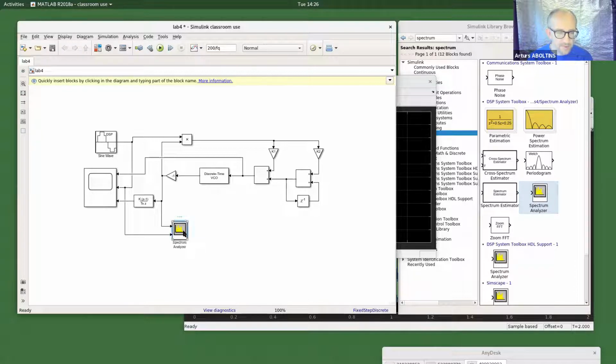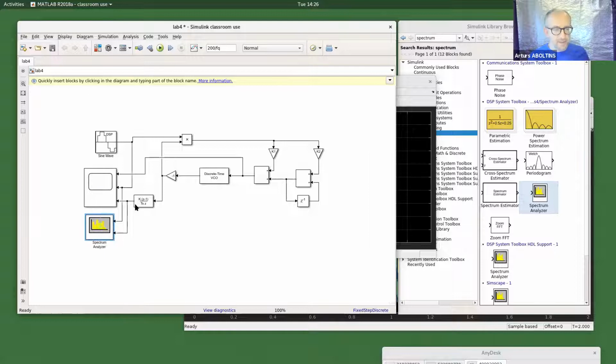Maybe now I started to think that it could be more consistent to use such a connection, to have this spectrum analyzer and the oscilloscope completely parallel, to not have any dirty tricks here.